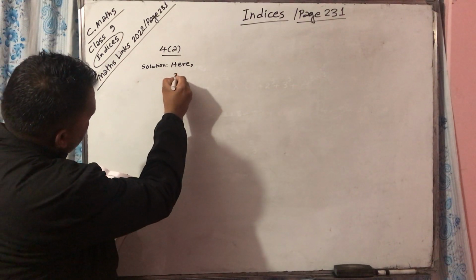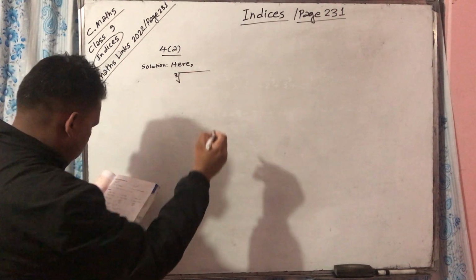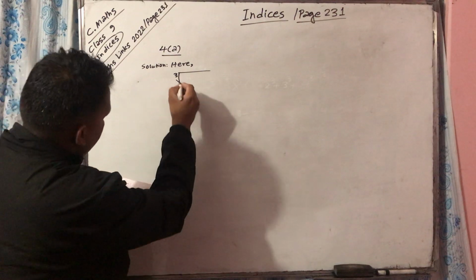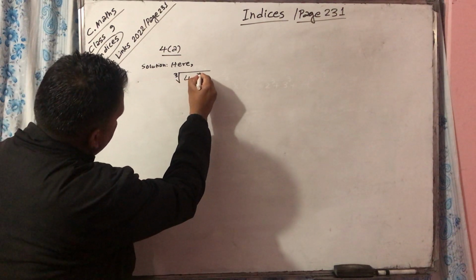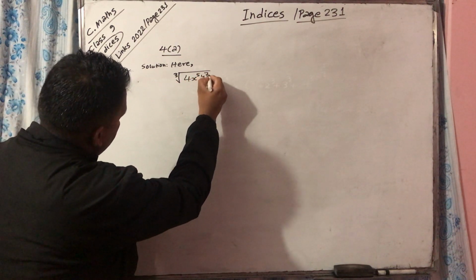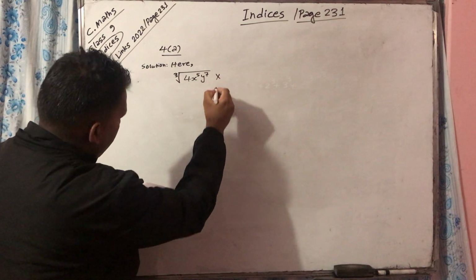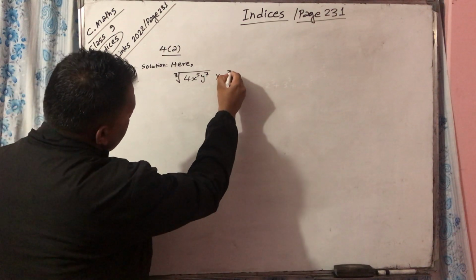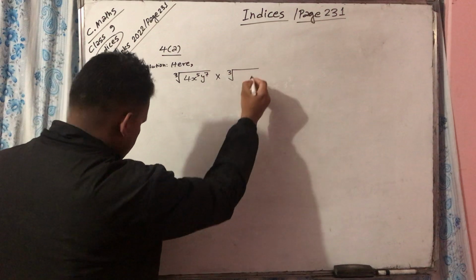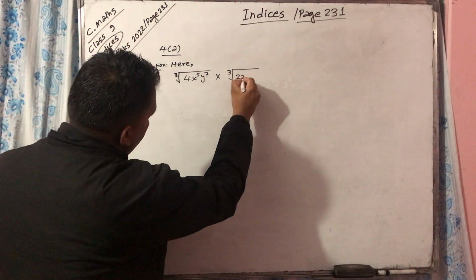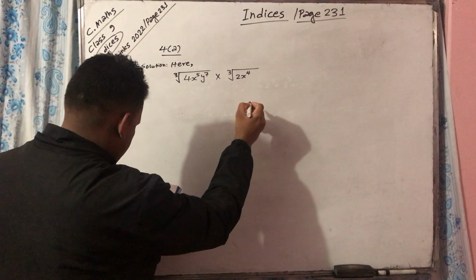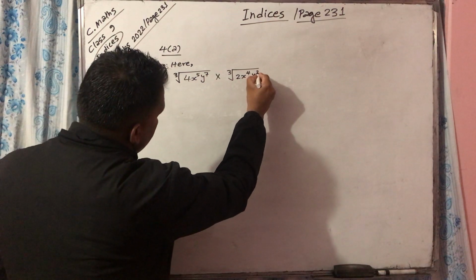Here, cube root of 4x to the power 5 y to the power 7, multiplied with cube root of 2x to the power 4 y square.